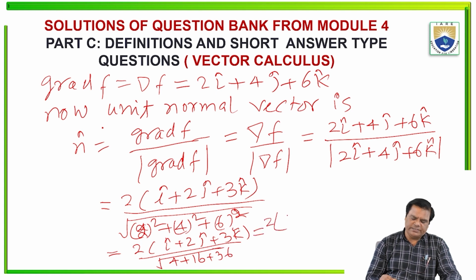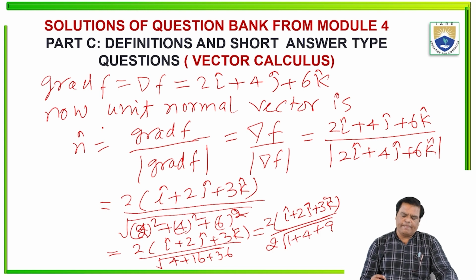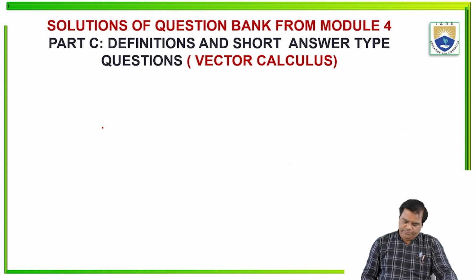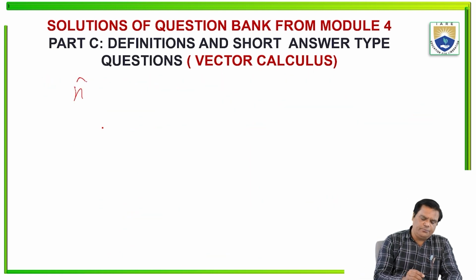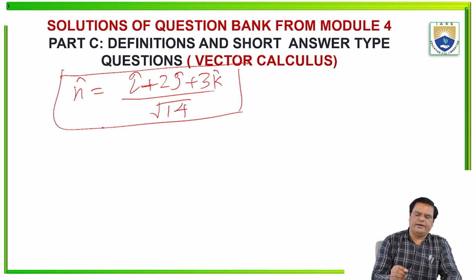Taking 4 common, that is 2 under root of 1 plus 4 plus 9. So 2 is cancelled, and n cap equals i plus 2j plus 3k upon root 14.